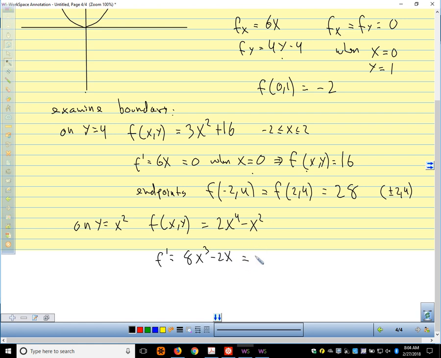And I'm going to factor that. Equals 2x times 4x squared minus 1. So f prime equals 0 when x equals 0 or when x equals plus or minus 1/2.